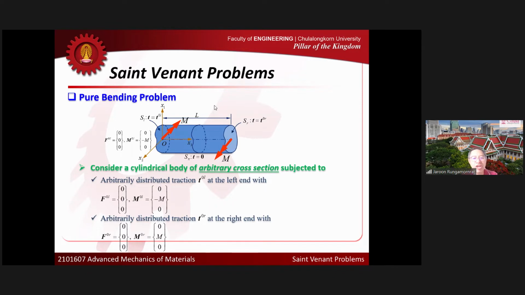So this problem we call the pure bending problem, because the loading that we apply at the left and at the right end are simply bending moments. No net forces, right? At the left and at the right end. Is that clear to you about the problem that we focus on here?